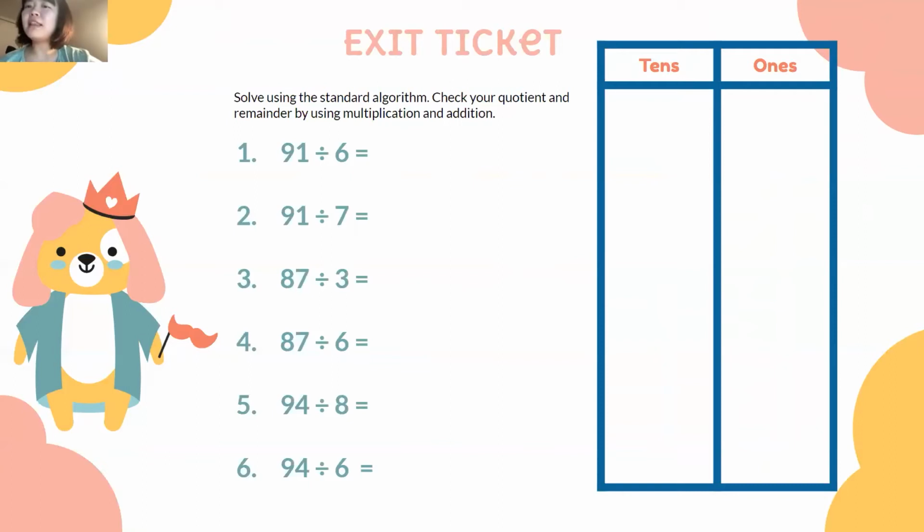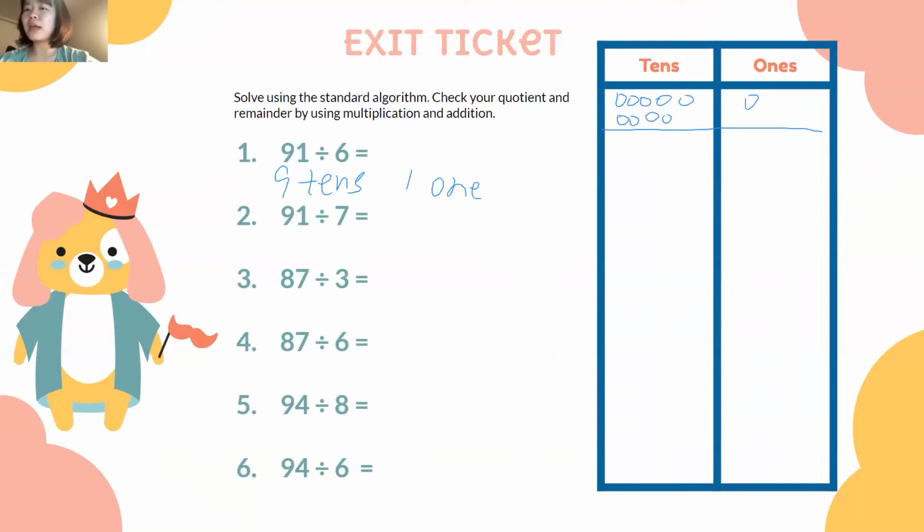Okay, and let's start with the first one. So 91, we can also write as 9 tens and 1 one. Okay, so let's first represent it on the place value chart. We have 1, 2, 3, 4, 5, 6, 7, 8, 9, 9 tens and 1 one.